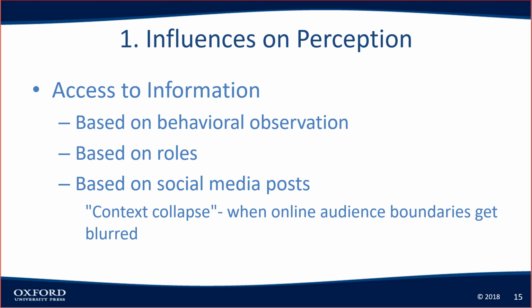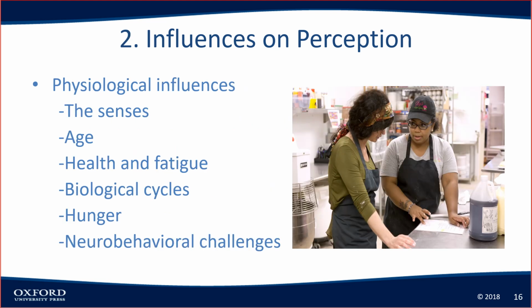Are we tired? Are we hungry? There are a variety of aspects in this process that are going to influence how we organize and negotiate this exchange. So our perception process, in addition to those 4 steps, is greatly influenced by a variety of physiological and psychological behaviors.